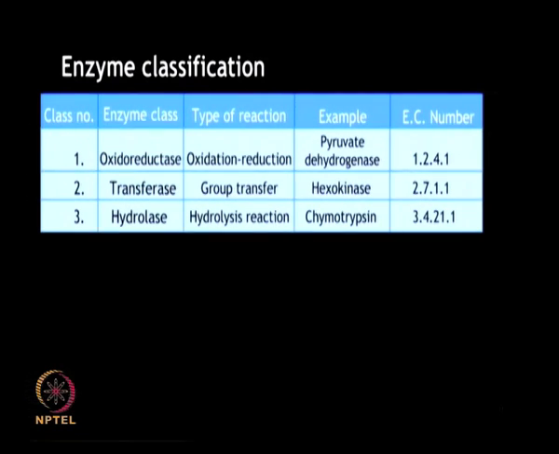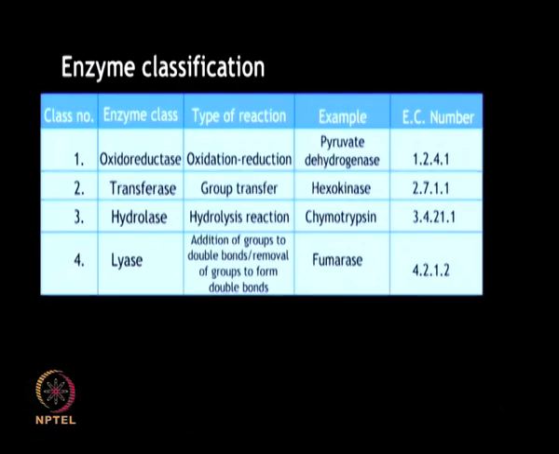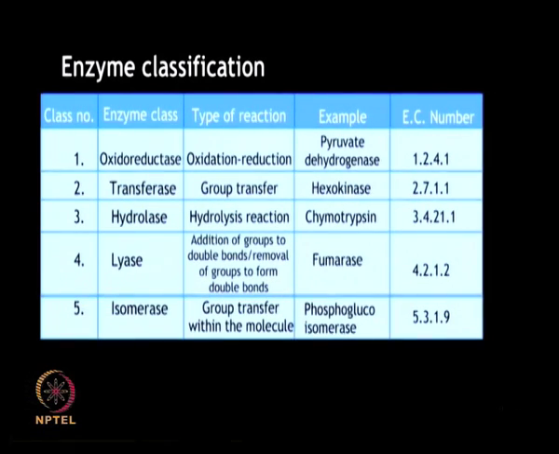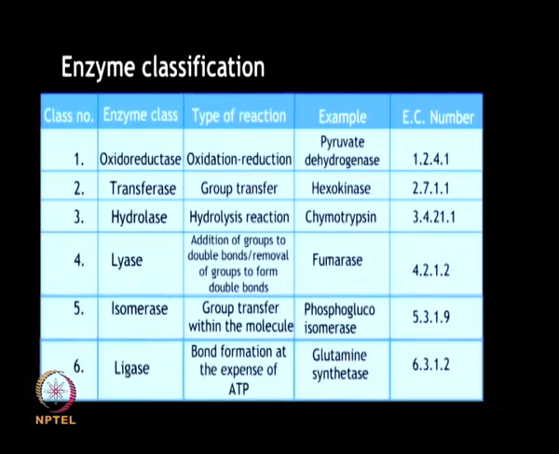Classification by international organizations has therefore led to 6 enzyme classes with many subgroups within each class, depending upon the type of reactions they are catalyzing. Every enzyme has a unique 4-part classification number known as the Enzyme Commission number or EC number, in which the subclass number gives finer detail about that particular enzyme reaction.